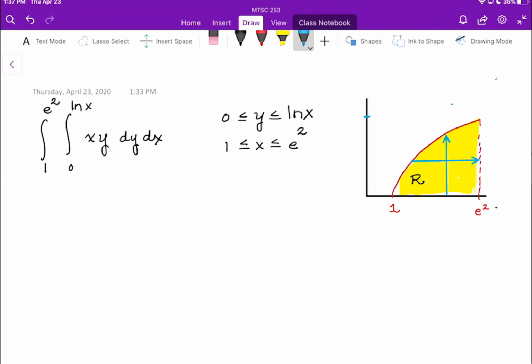And then I'd have to figure out what that value of y is. So this curve, y is equal to the log of x, I'm going to change it to x is e to the y.